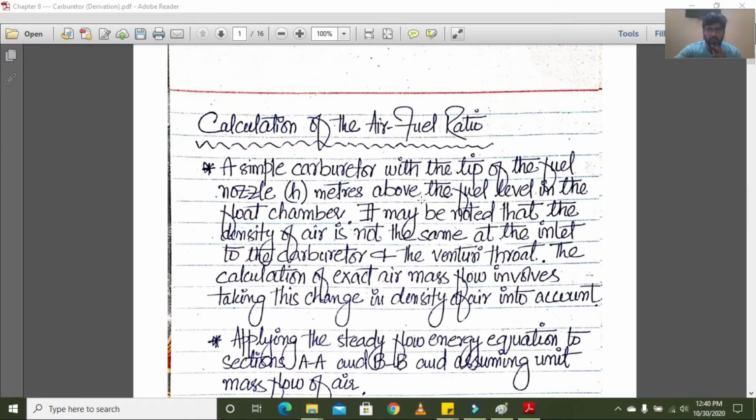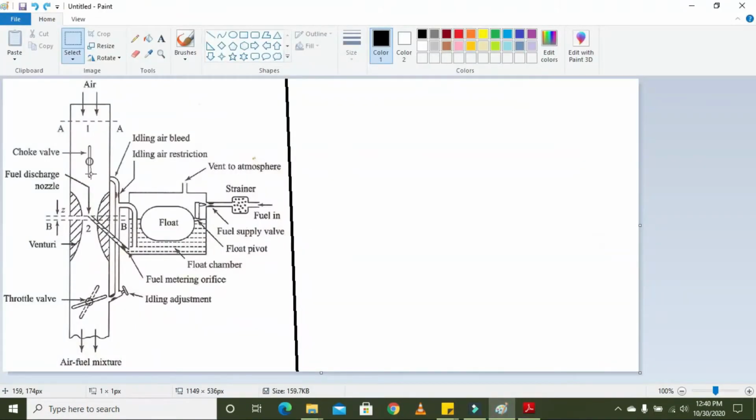Another thing which needs to be understood here is that the tip of the nozzle is h meters, or you can simply say I will use z meters here. Here you can see that the difference between these two levels is z.